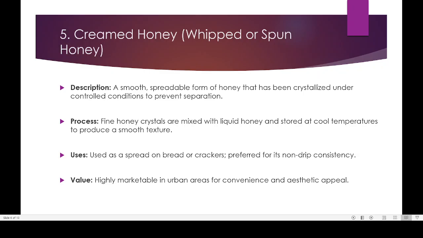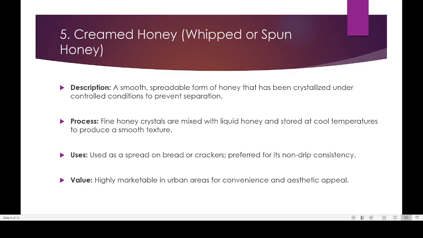Creamed honey is used as a spread on bread or crackers and preferred for being non-drip because it is thicker. You can see from the picture that it is slightly thicker in nature, almost like a chocolate spread. There are different Nutella-like chocolate spreads available, and this appears almost like that.